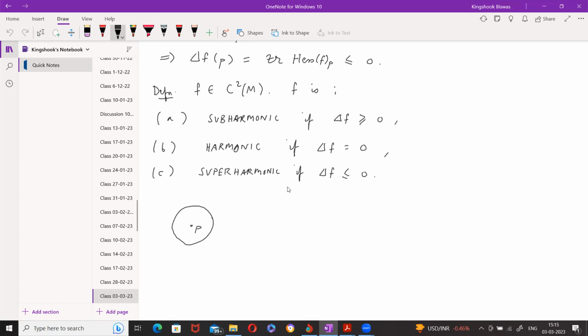You take Brownian motion starting at the point P, and with probability 1, it's going to hit the boundary of the ball at some finite time. So there is what's called the first exit point from the ball, which gives you a random variable on the sphere.